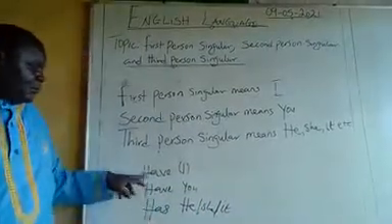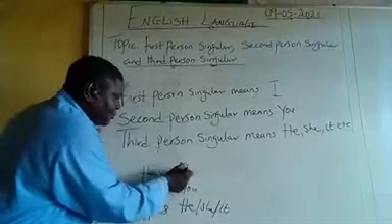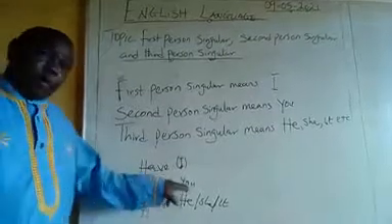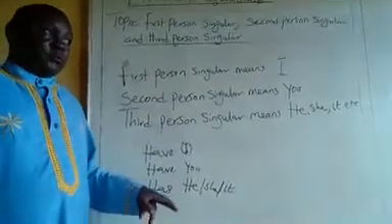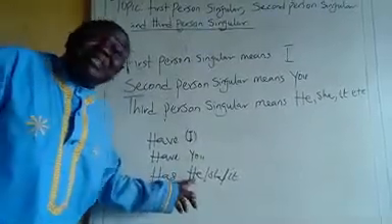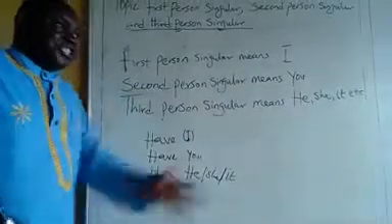So you can see, have for the first person singular, I have a car. Have also for the second person singular, you have a car. But if you want to make sentence with the third person singular, you must use this one. He has a car. She has a car.